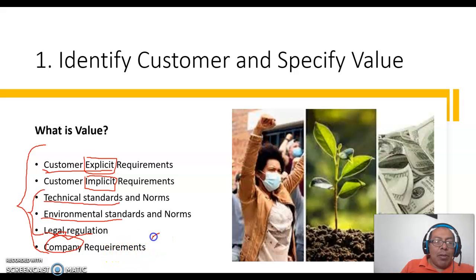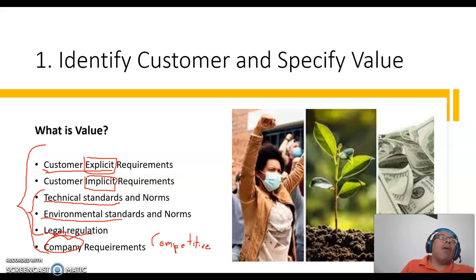This is the main point, competitive advantage. If those requirements make it happen, this competitive advantage, that's when the company defines those requirements.